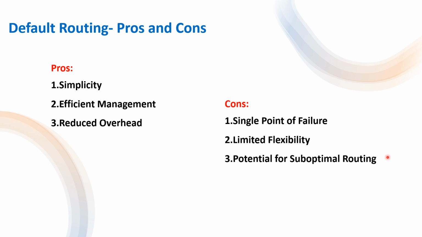Traffic destined for specific networks that are not directly connected might experience suboptimal routing if the default route is used instead of a more direct path. Thank you for watching.